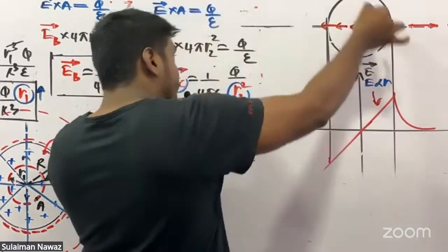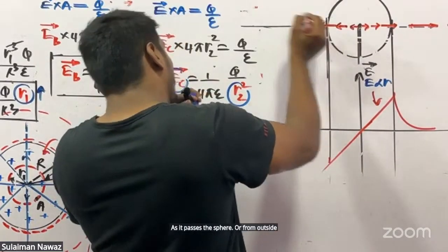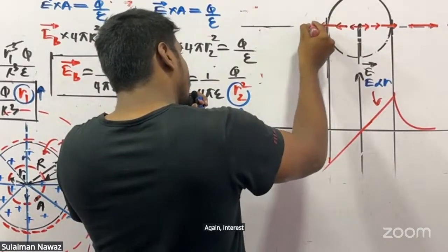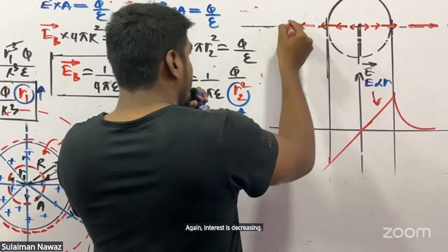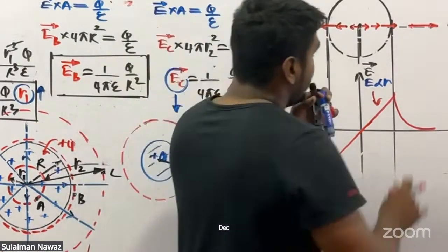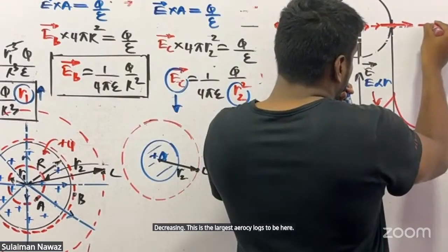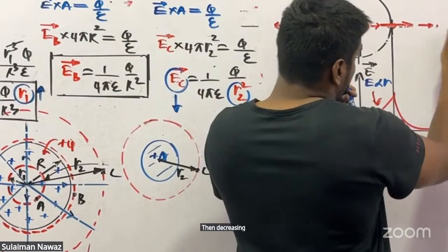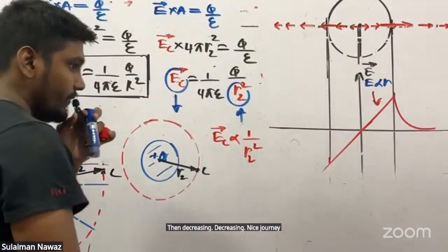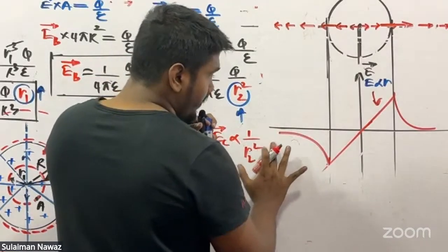As it passes the sphere, from outside to infinity, again intensity is decreasing. The largest arrow is here, then decreasing. Nice story.